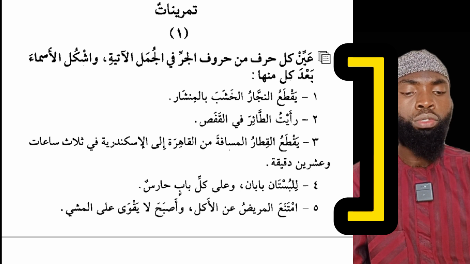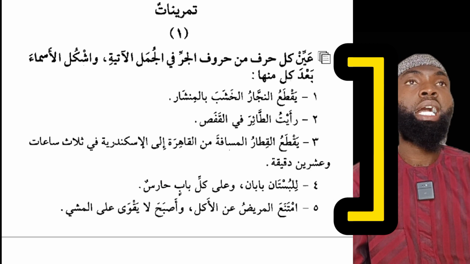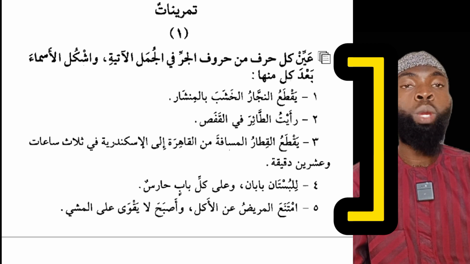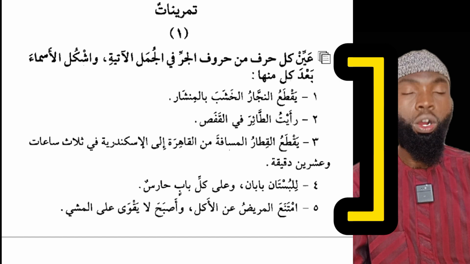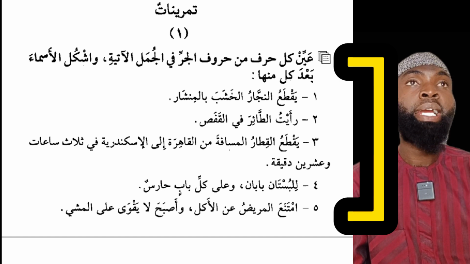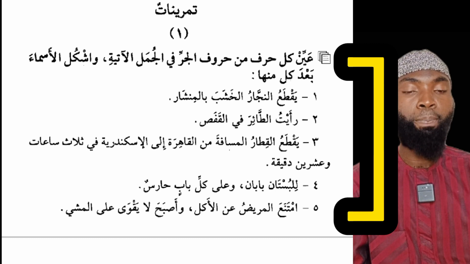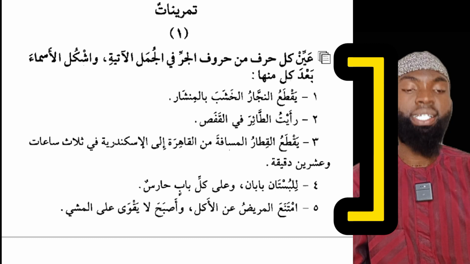Number 1, we have yaqta'u an-najjaru al-khashaba bil-minshari. The carpenter cuts the wood with a saw. So ba is the harf al-jar here, and al-minshar should be written as bil-minshari with kisra.